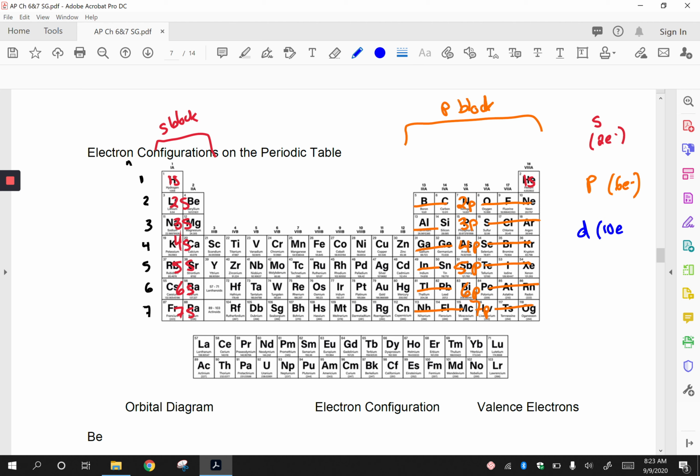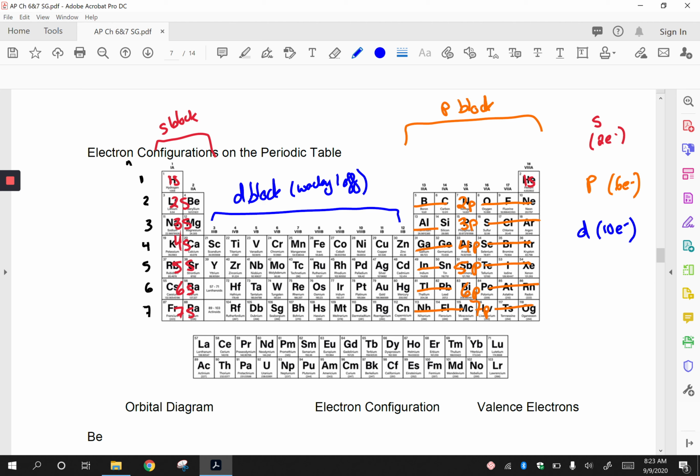Next is the D sublevel, and the D sublevel has 5 orbitals, so it takes up to 10 electrons. And so you look for a block of 10, and so there's your D block. If you remember last year, though, D was a little wacky. Remember, we used to call it wacky one-off? Because it's one off from the count. So this is the 4th period, but this is not 4D.